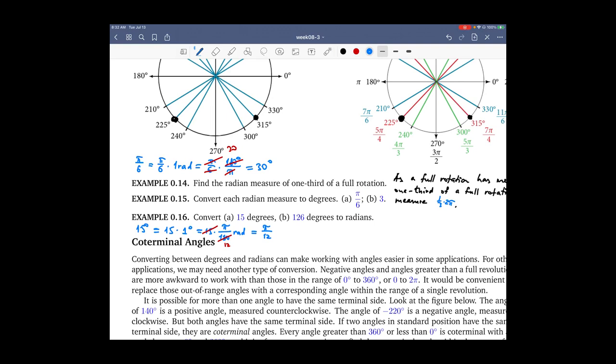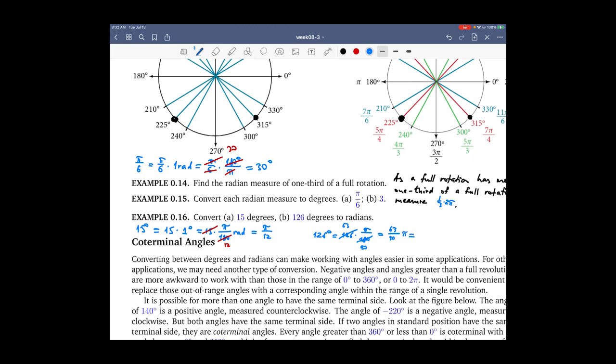And likewise, 126 degrees is 126 times pi over 180. And when you cancel, you can definitely cancel by 2. 126 by 2 is 63. 180 by 2 is 90. So it's 63 over 90 times pi radians.